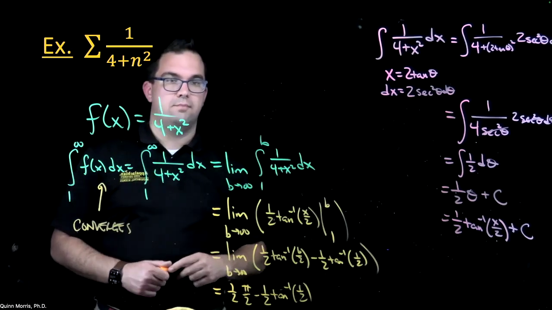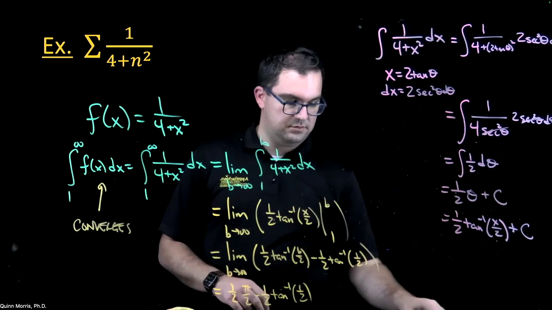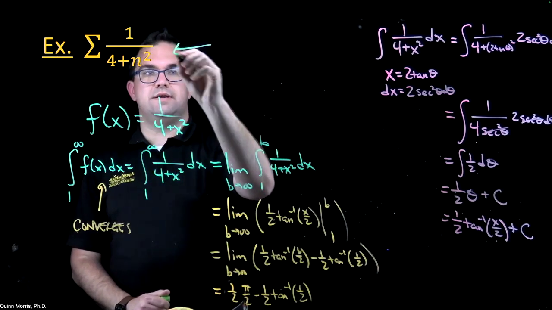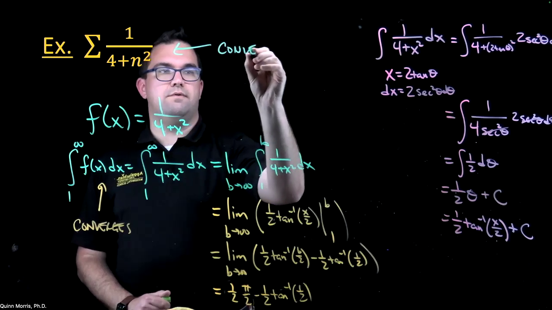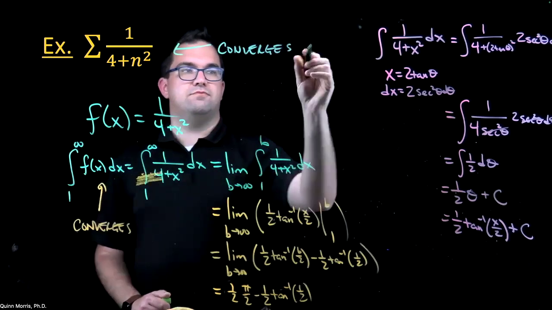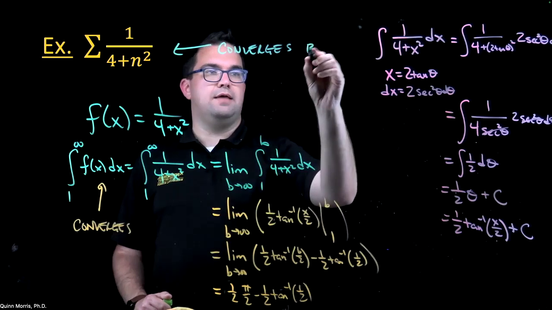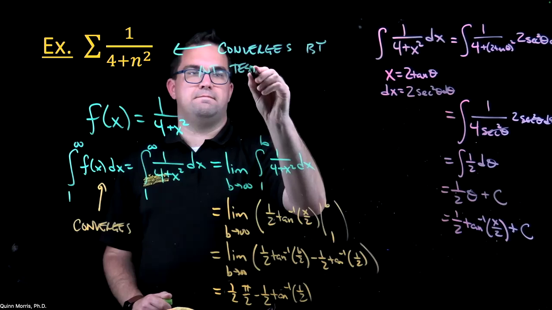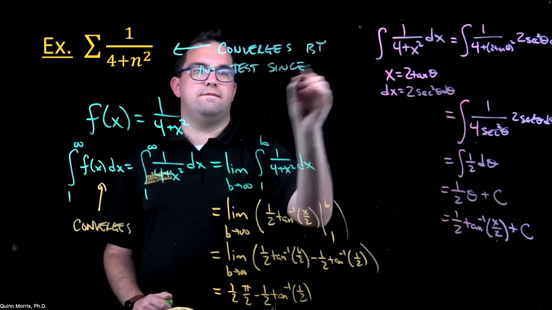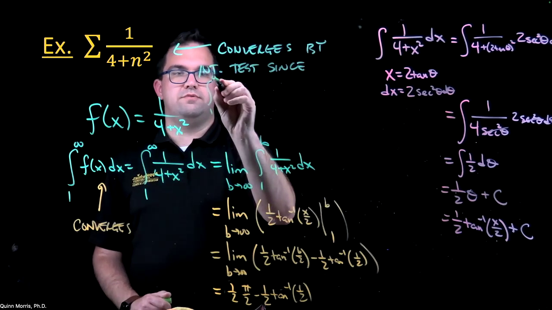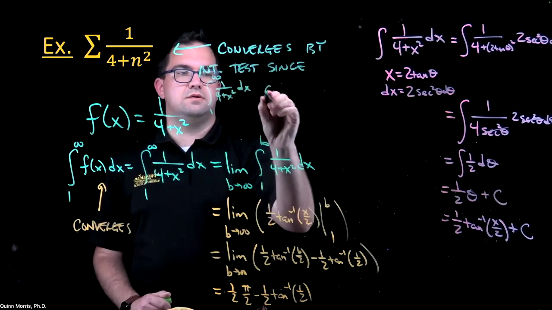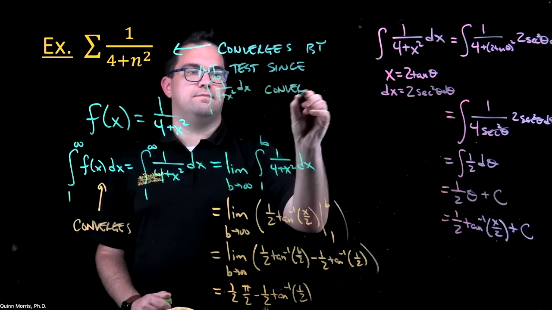And so by the integral test up here, we can determine that this series also converges by the integral test, since the integral from 1 to infinity of 1 over 4 plus x squared dx converges.